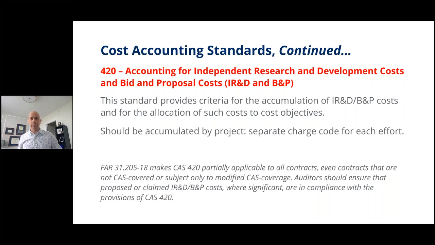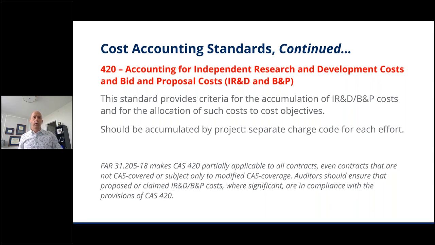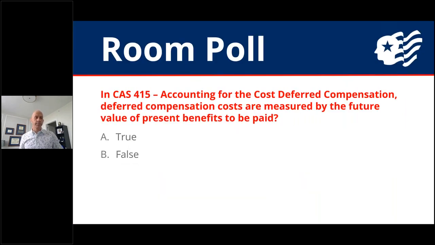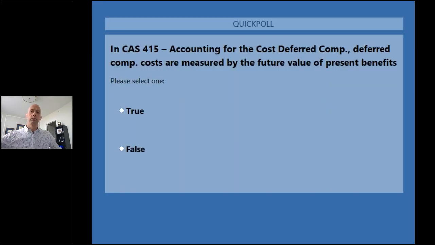Okay, Liz, we got another polling question here for you. And keeping with the theme, in CAS 415, accounting for the cost of deferred compensation, costs are measured by the future value of present benefits. True or false? And I think if you think about GAAP, you should be able to get this, whether you know CAS, right?